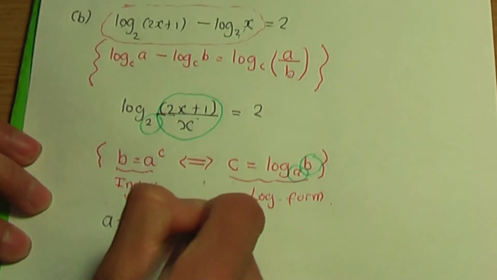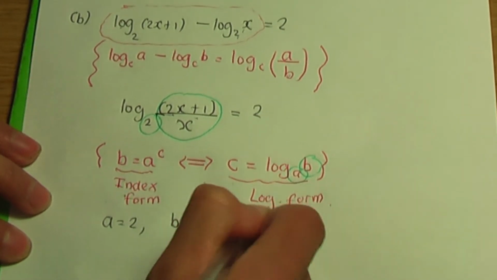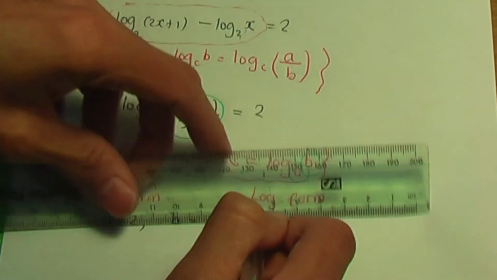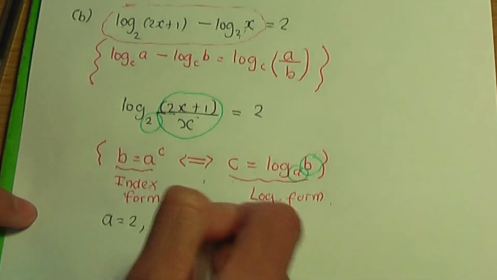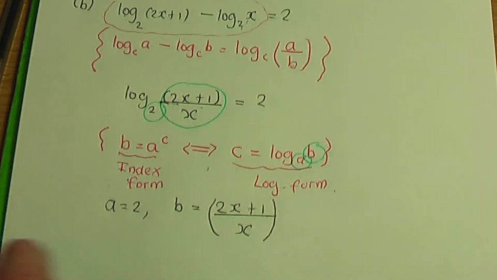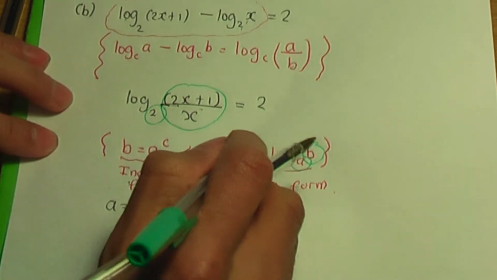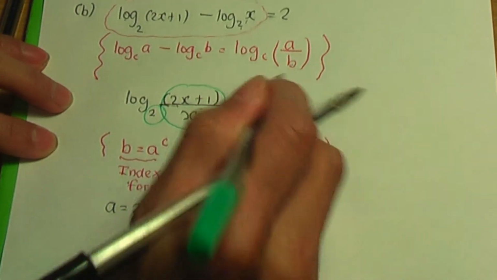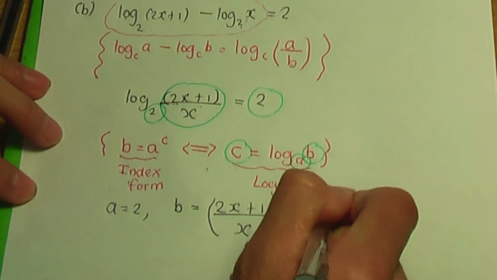Let's make a note that b is 2x plus 1 divided by x. So all of this is b. And how about c? c by comparison is 2. So c is 2.